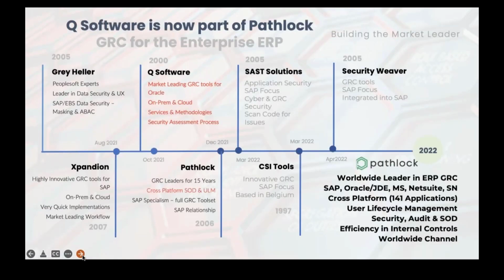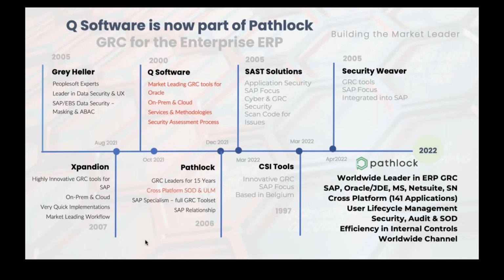Thanks, Preston. One thing I wanted to explain: we do have a webinar coming up next month on this subject. Q Software is now part of a much larger group, pulling together 7 companies, which you'll see on this slide. Those 7 companies have come together to form what is now called Pathlock.